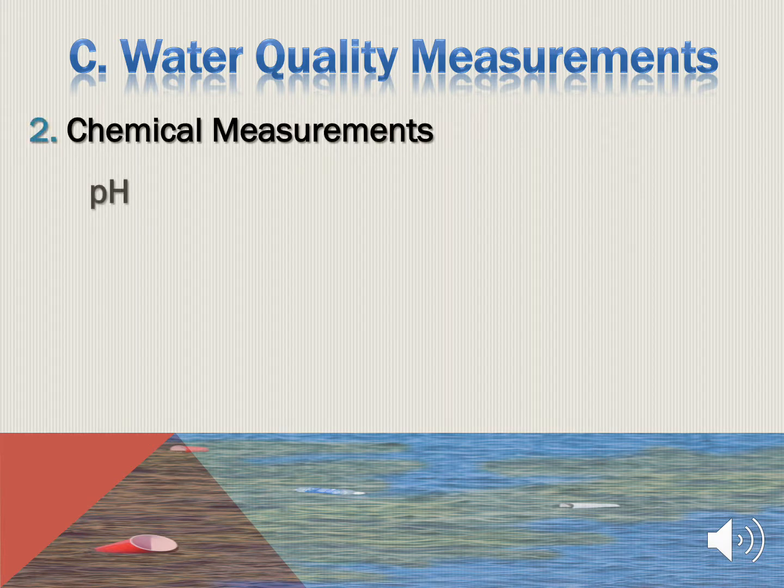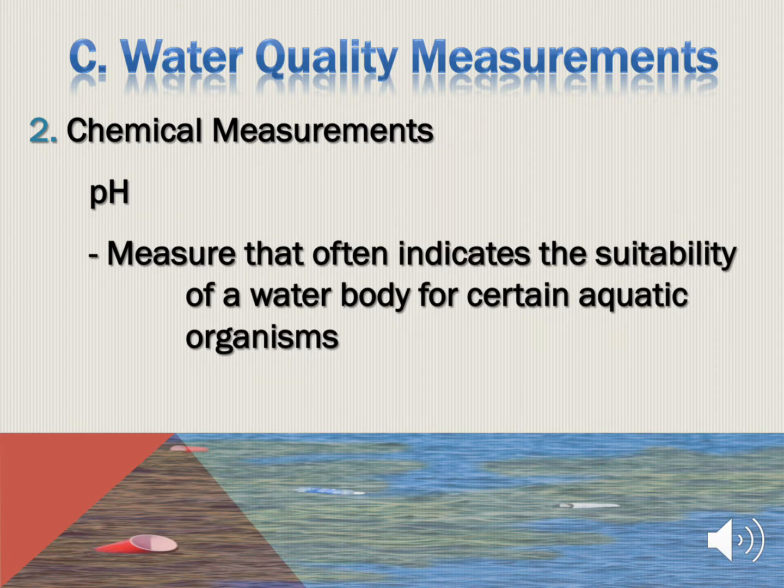Another type of chemical measurement we can take is simply pH. pH is a measure that is often used in lakes and in oceans that often indicates the suitability of a water body for certain aquatic organisms.